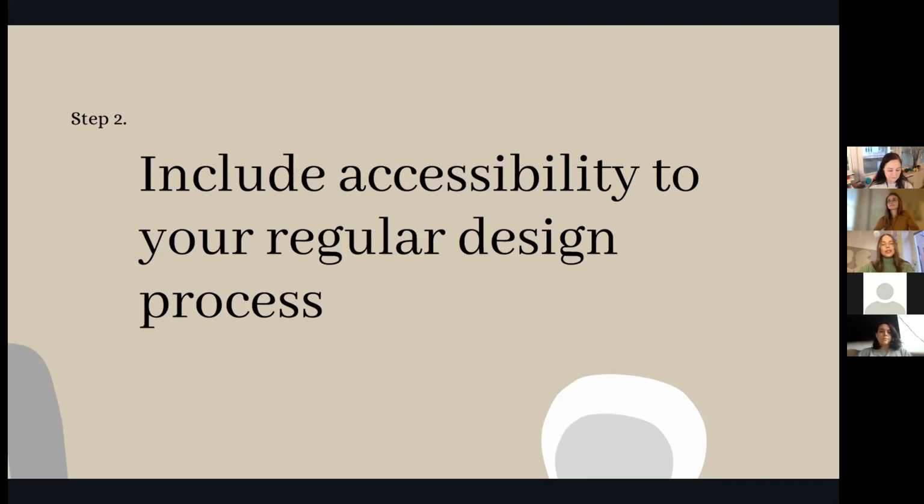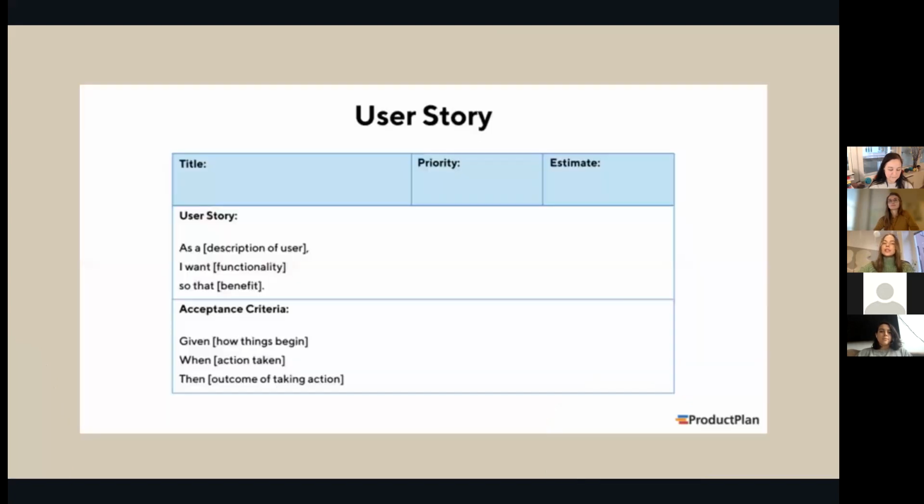So what we do right now is include accessibility in the user story. Every development team works with the SAFe Agile Framework, which is a scaled agile way of working. And we add accessibility in the user stories, in the criteria, to get it right from the beginning.